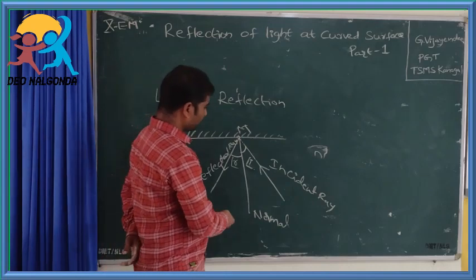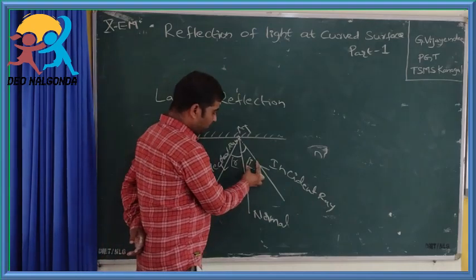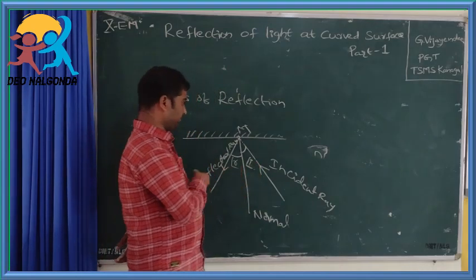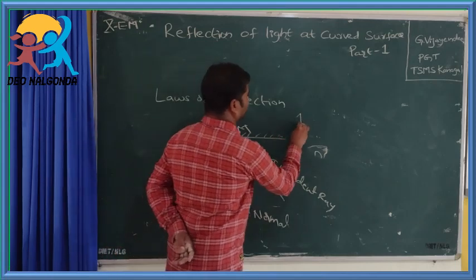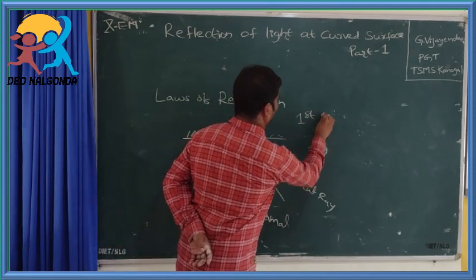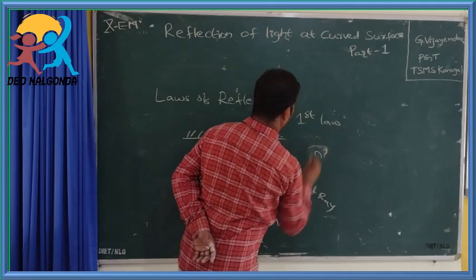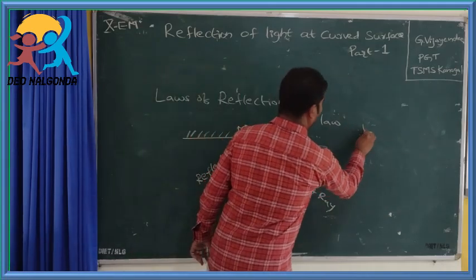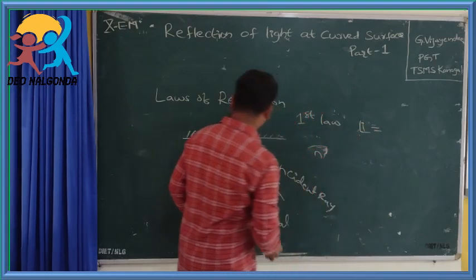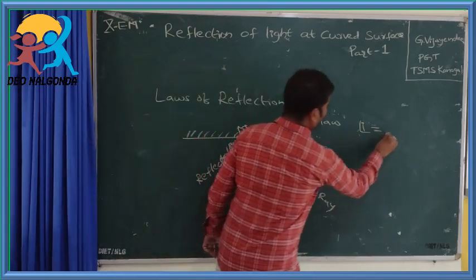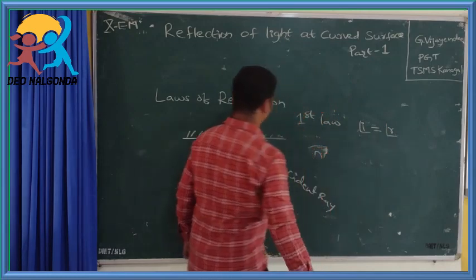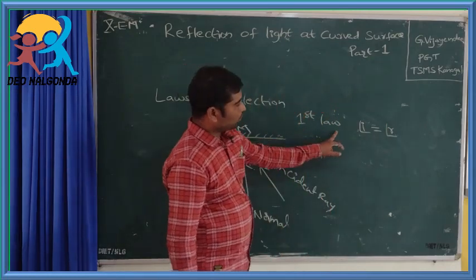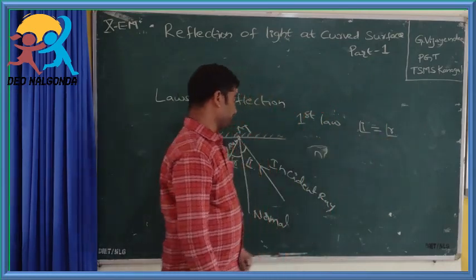The first law says that the angle of incidence, angle I, is equal to the angle of reflection, angle R.